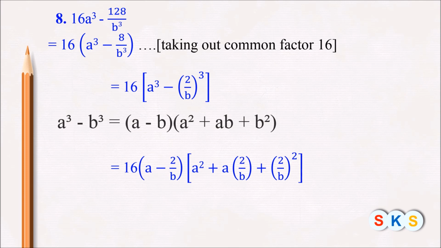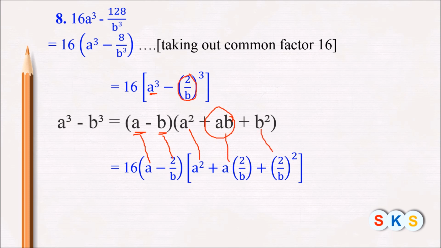You can see that I have substituted the values of a and b in this formula. At the place of a we write a only, and at the place of b we write 2 upon b. I have substituted the values of a and b in the second bracket also.